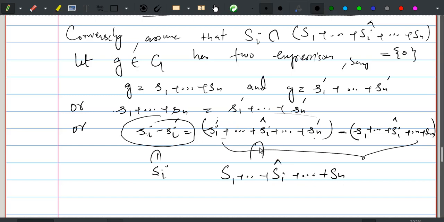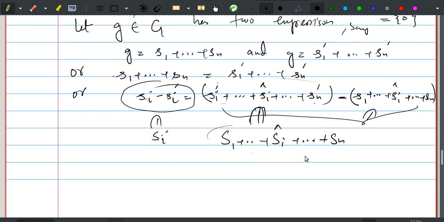This sum belongs to this thing, and this sum belongs to this thing, so their difference is also in this sum. This means that, since they are equal, this is in Si, but this difference is equal to the difference over here, and this difference lies in this sum. This means this Si minus Si prime is also here.